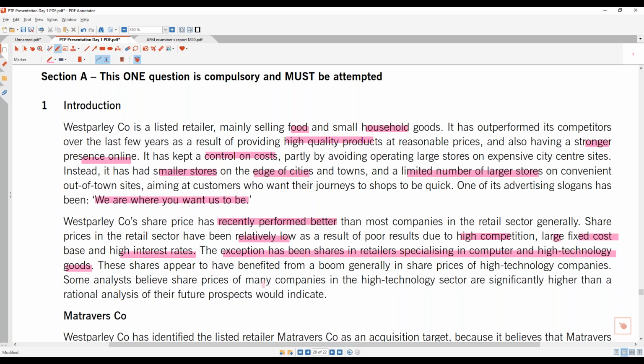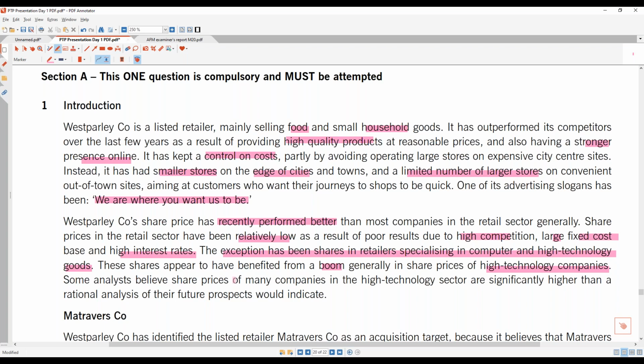The shares appear to have benefited from a boom generally in share price of high tech companies. Okay, so the question now becomes tilted to the tech companies. Although stronger presence online, but the situation is about to tell high tech companies.